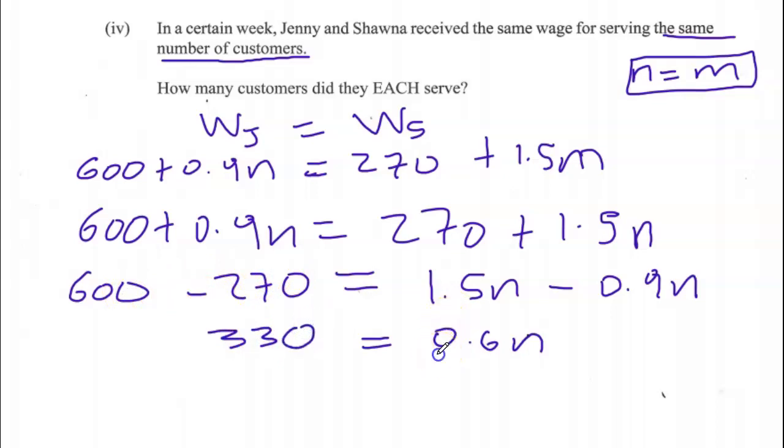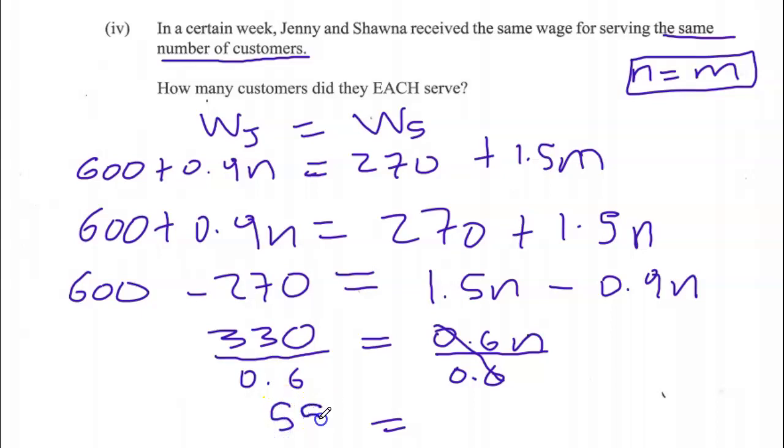So we divide both sides by 0.6, since we're solving for N. Divide both sides by the same value. Right, so 330 divided by 0.6 is equal to 550.